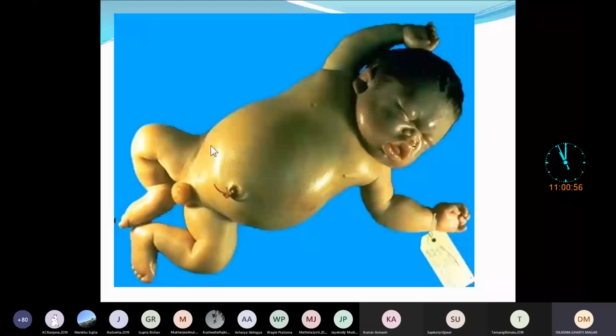Yes, ma'am. Because of more and more unconjugated bilirubin, understood? So here there is bilirubin deposition, mainly unconjugated bilirubin. The baby is also edematous, the abdomen is distended, and the flank is also full. So this is hydrops fetalis.